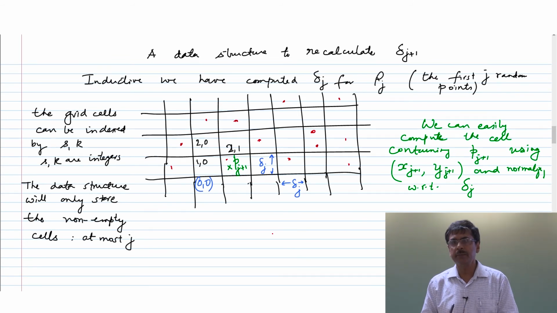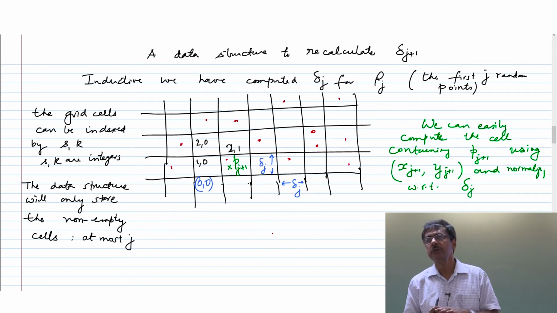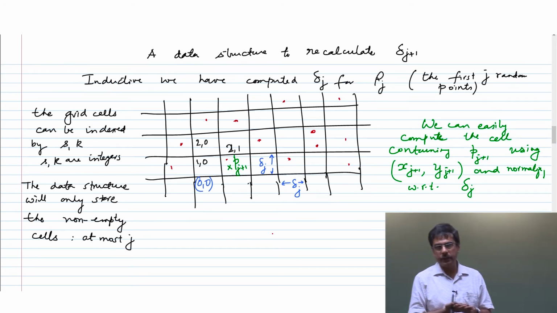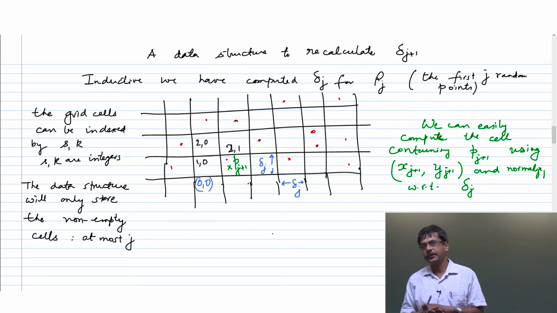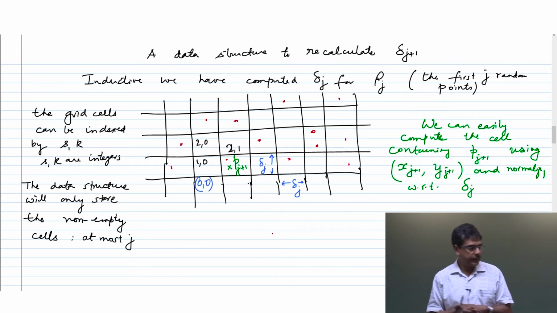If it doesn't contain a red point, what can we conclude? Can we conclude that it cannot change? No. It can still change, right?